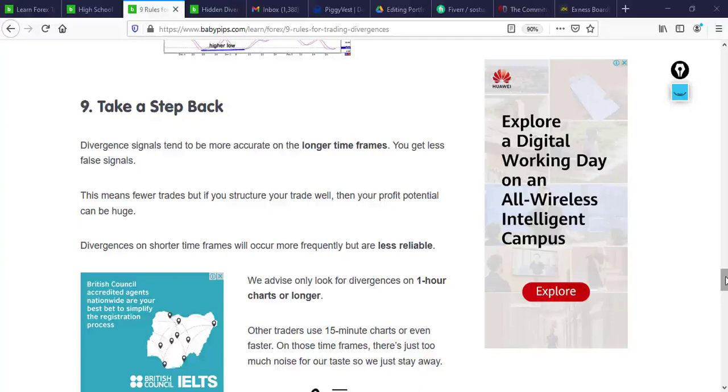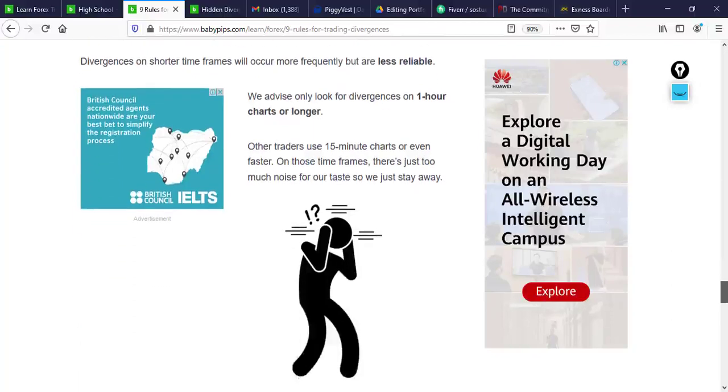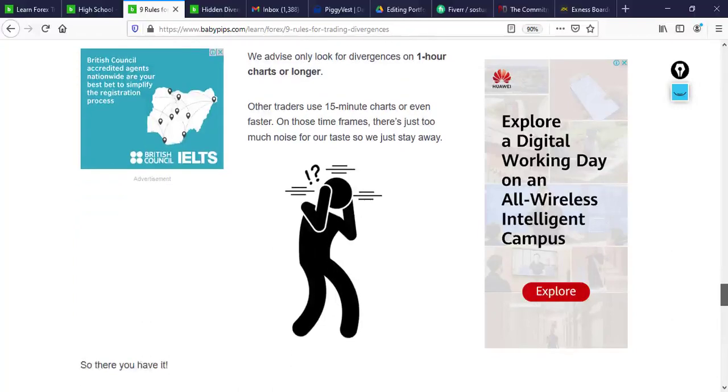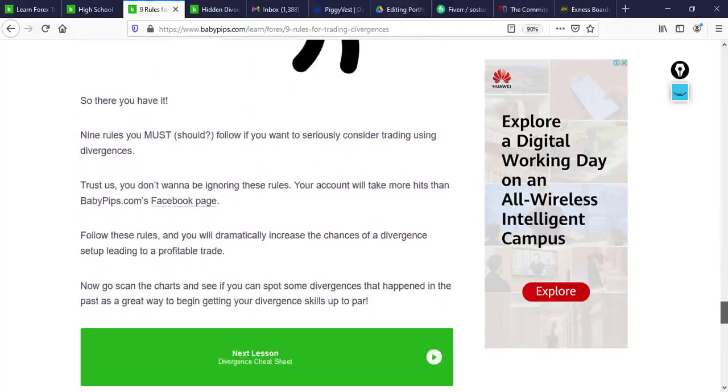So Babypips is saying look for divergences on 1 hour charts or longer. Some people used to look at the 15-minute charts or faster ones, but they don't, because it has lots and lots of noise. So follow these 9 rules.